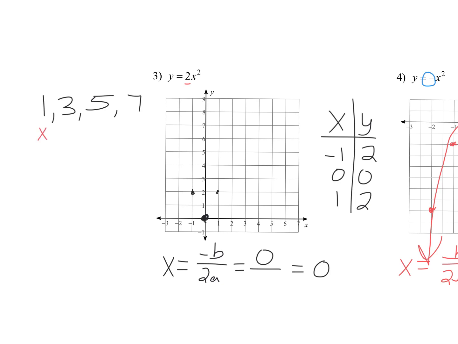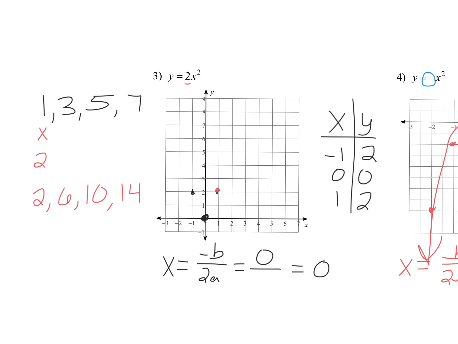So what you're going to do with these is multiply all your steps by 2. So if we do 1 times 2, we get 2. 3 times 2, 6. 5 times 2, 10. 7 times 2, 14. So you're going to follow those steps now. So if I go over 1, how many do I go up?